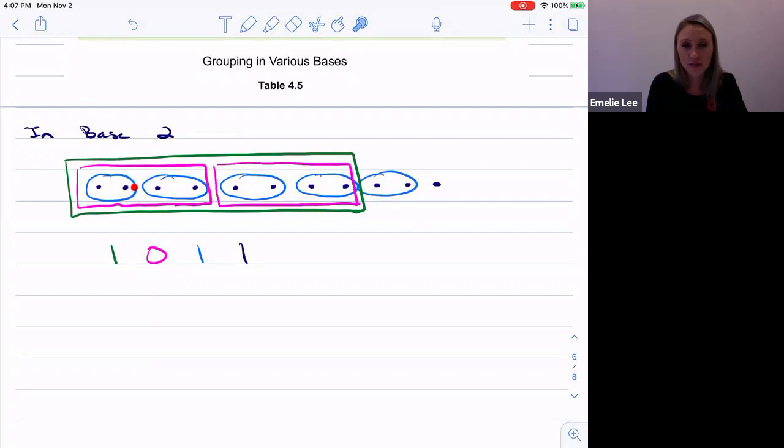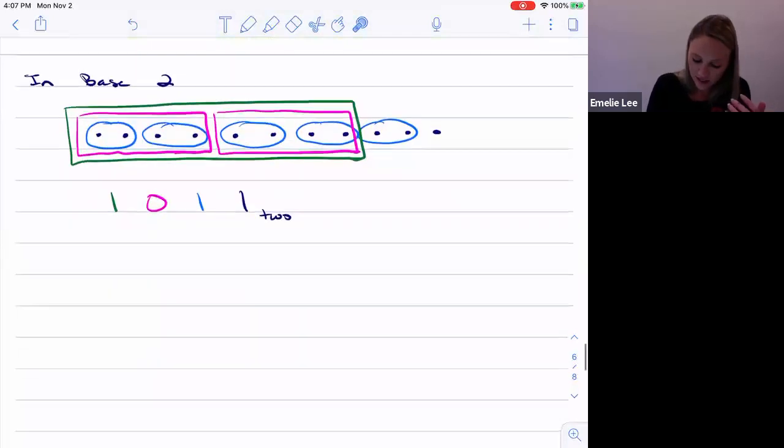Either way, it works. So here, this is why we say, oh, it's 1, 0, 1, 1, base 2. Okay. It's going to be a little bit better once we start working with it with not just little dots, right, with actual numbers.